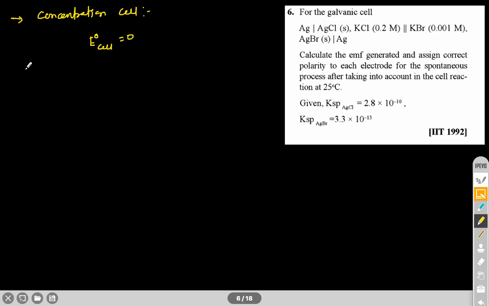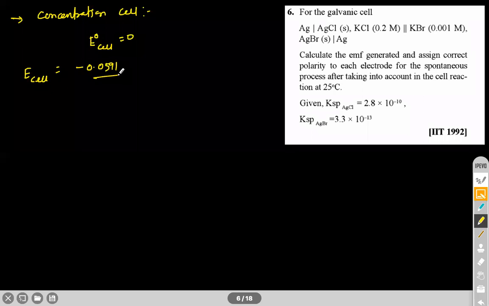So if you apply the Nernst equation, E cell is equal to minus 0.0591 by n. The n value is what? Ag to Ag plus, so 1.